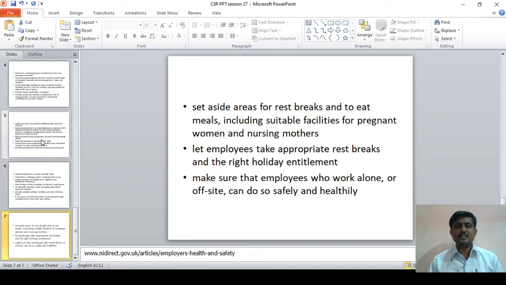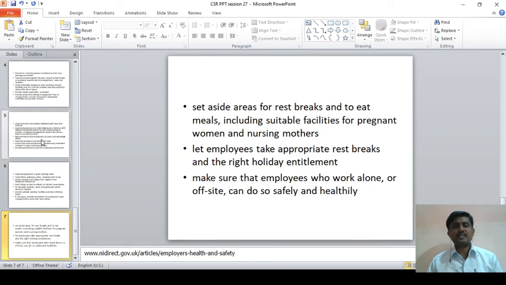Set aside areas for rest breaks and to eat meals, including suitable facilities for pregnant women and nursing mothers. Nowadays in every organization, areas are separately provided especially for pregnant women and nursing mothers.